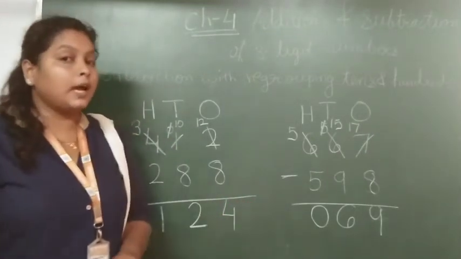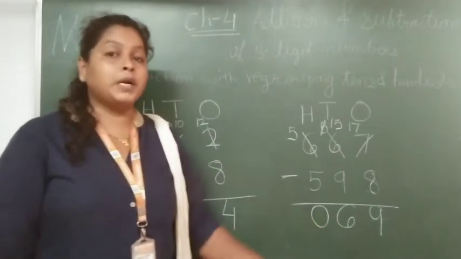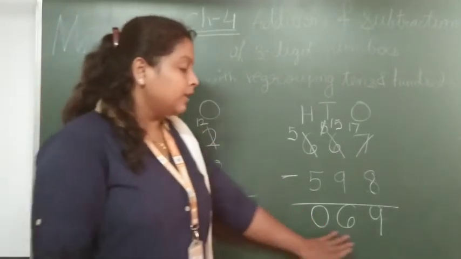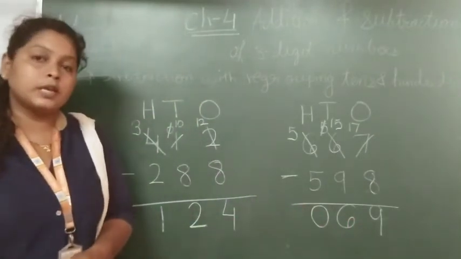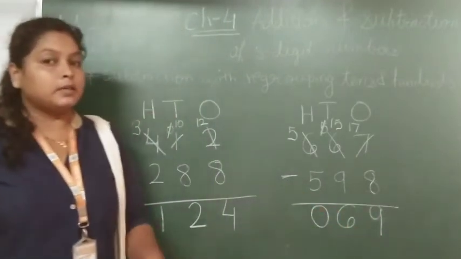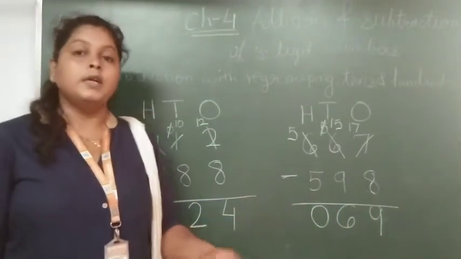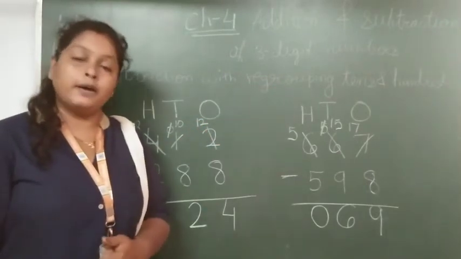So what is the answer? Here you can't read 0, 6, 9. Instead you will pronounce 69 only, because in the hundreds place 0 is there. Okay, so 69 is your answer. This is how you have to solve subtraction with the help of regrouping tens as well as hundreds.